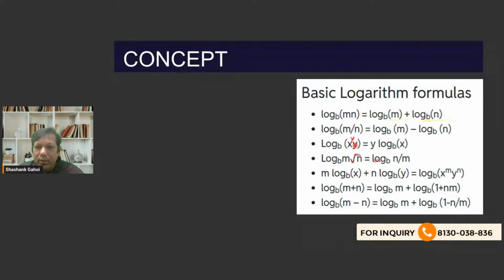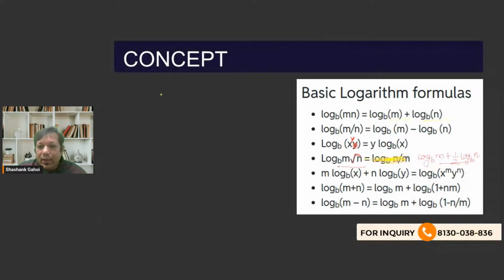I think it should be equal to log base b n plus log base b root n. Root n can be written as 1 by 2 log base b n, so this can be written like this. We have already seen that. There are a couple of typing errors, and I'll change the formula if there is any error. So this is not going to be equal to this. This is going to be this.